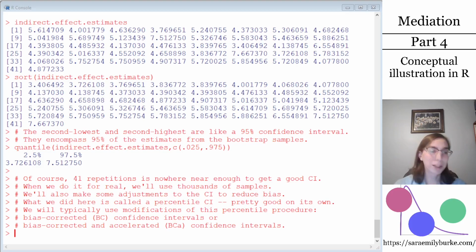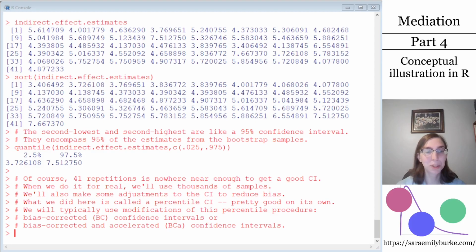And then, rather than simply using the 2.5th percentile and the 97.5th percentile directly from the set of all indirect effect estimates from all the bootstrap samples, we're just going to make a couple of adjustments to the resulting confidence interval to reduce its bias. What I did in this example is called a percentile confidence interval, which is pretty good on its own.